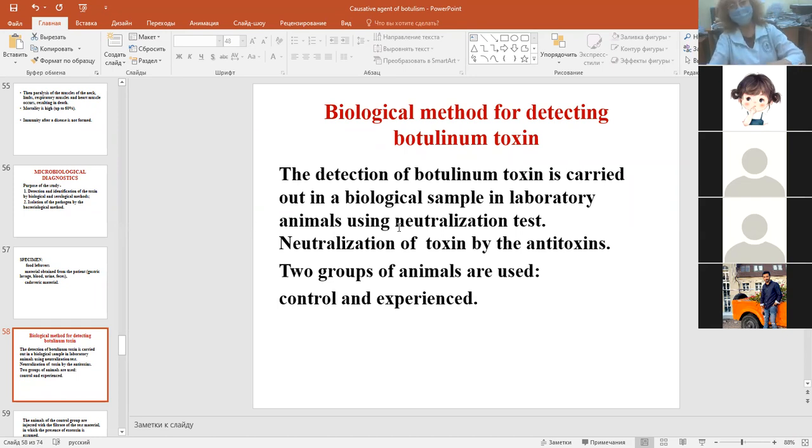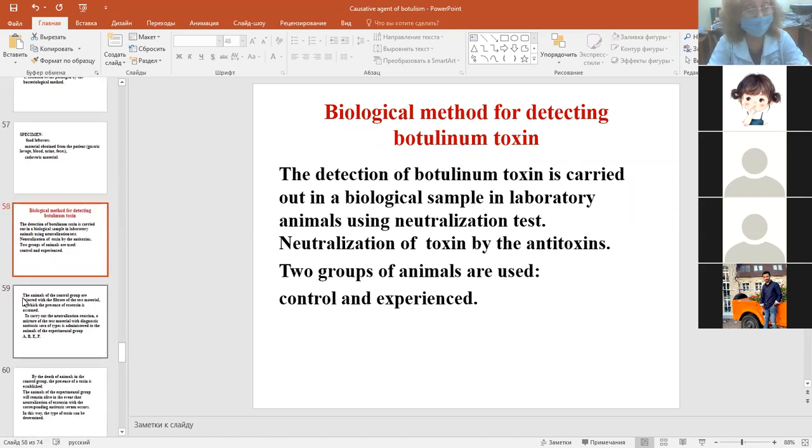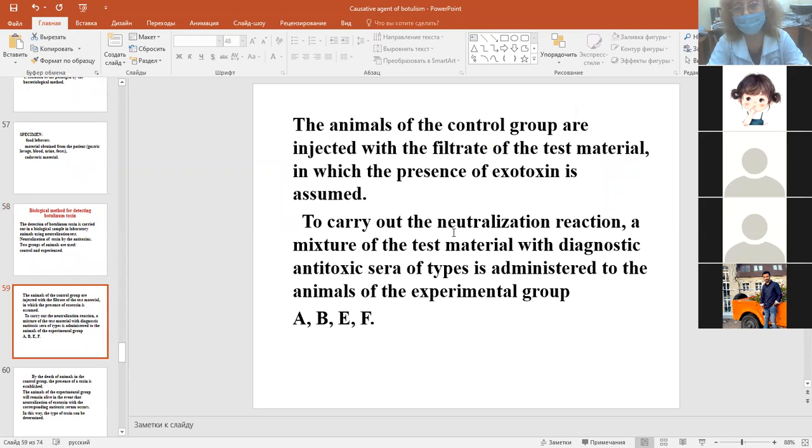Two groups of animals are used, control and experimental. The animals of the control group are injected with the filtrate of the test material, maybe feces, maybe rest of food, in which the presence of exotoxin is assumed.